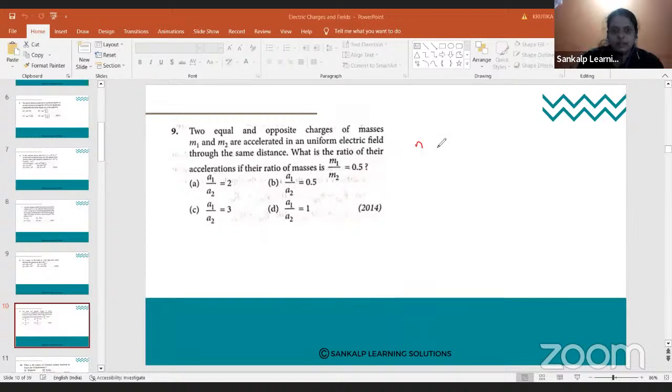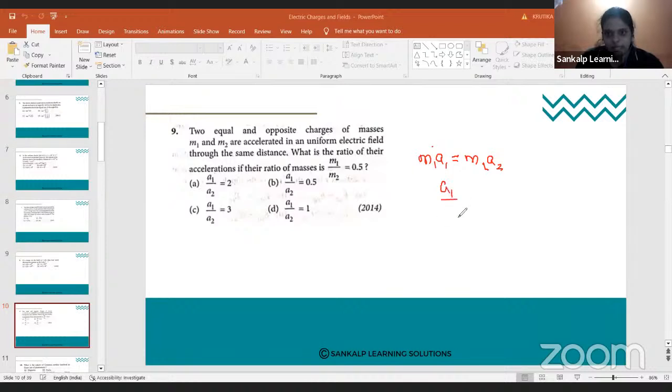So m1a1 is equal to m2a2. Since the options have a1 by a2, I will make it a1 by a2.